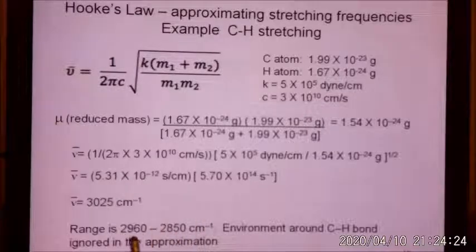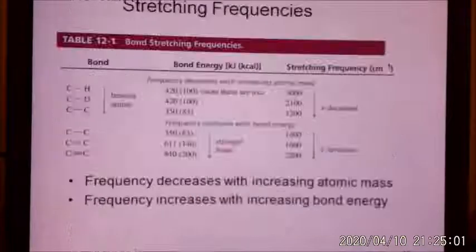Now the real range for an sp3 carbon hydrogen stretch is 2960 to 2850 wave numbers. So why the difference? Because don't forget, we're ignoring the environment around the CH. So this is really quite a good approximation.